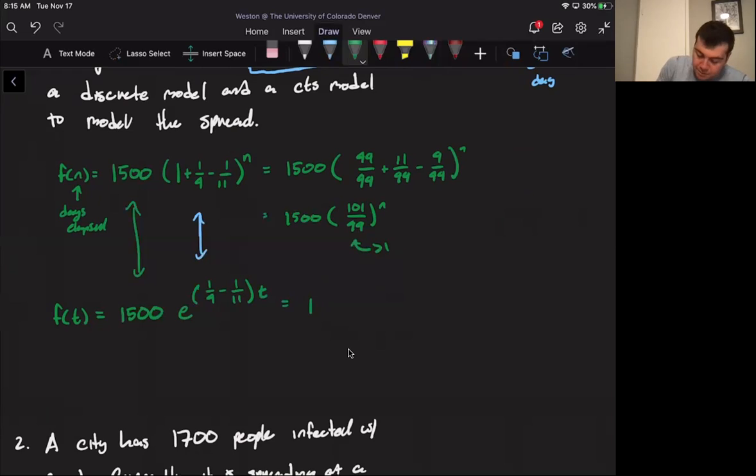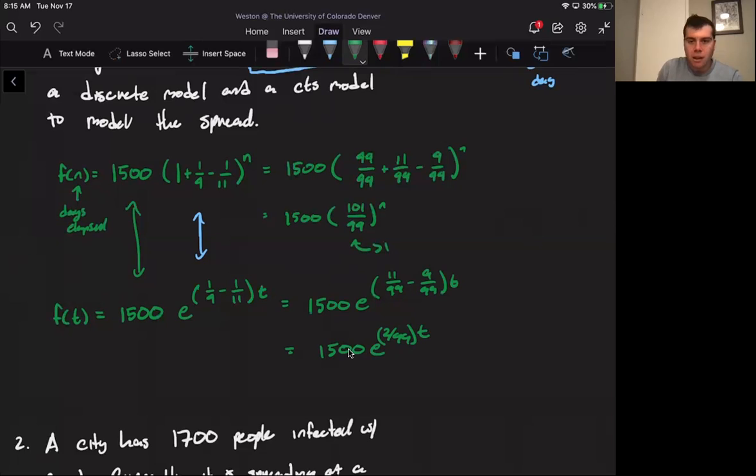And we can start to simplify, so that's 1,500 e to the 11 over 99 minus 9 over 99 times t, which is 1,500 e to the 2 over 99 times t.